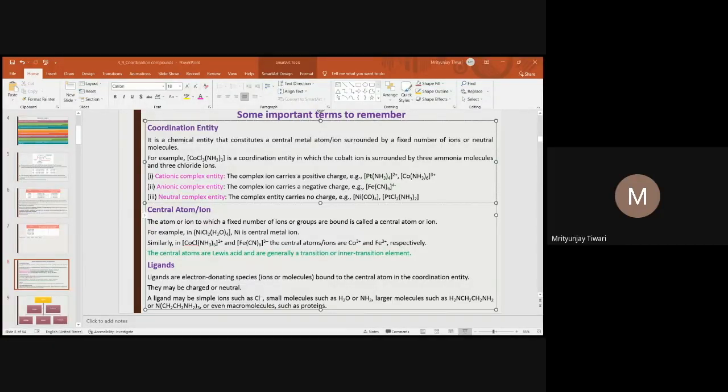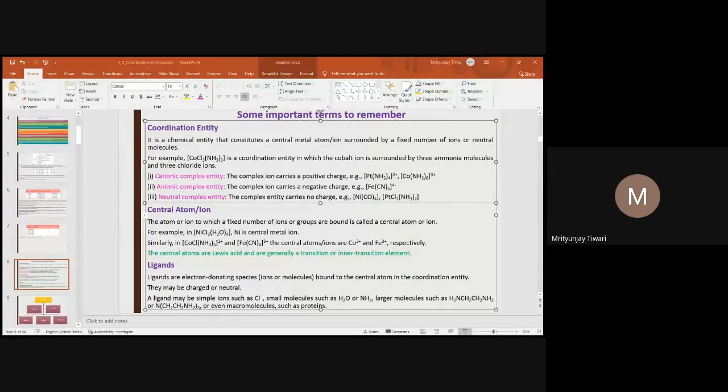Each carboxylate has one donor atom, one minus ion, and the two nitrogens are two more donor atoms. So overall six donor atoms are here. So one can call it a hexadentate ligand. EDTA is a hexadentate ligand, and hexadentate is also commonly called a polydentate ligand.